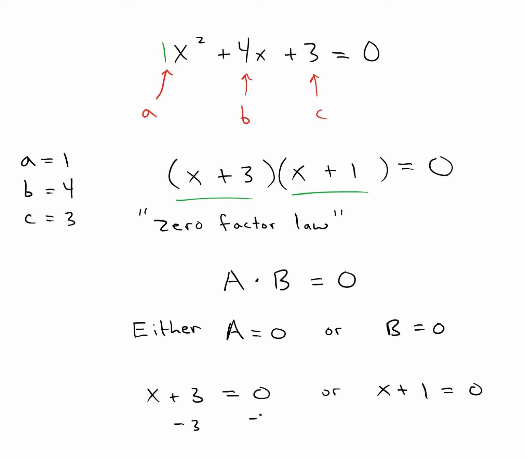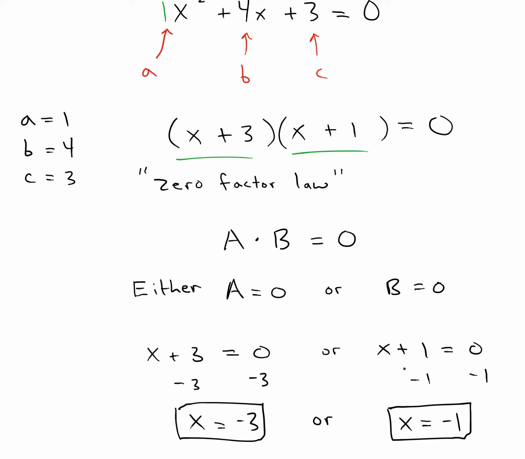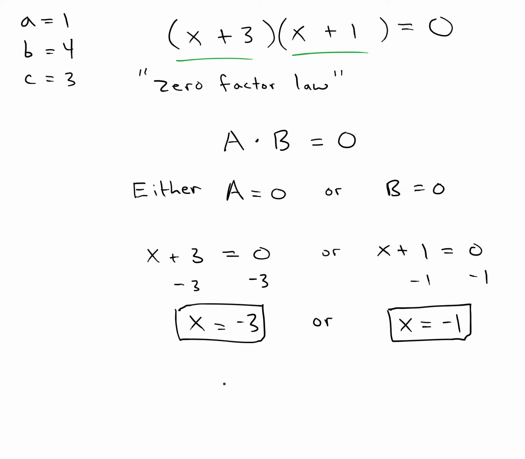So let's subtract 3 here to reveal that x equals negative 3 is one solution to the equation. And we'll subtract 1 here to reveal that x equals negative 1 is another solution. So we actually have two solutions to this quadratic equation. And that's common for quadratics. You don't always have to have two solutions though. You might have one solution or even none.